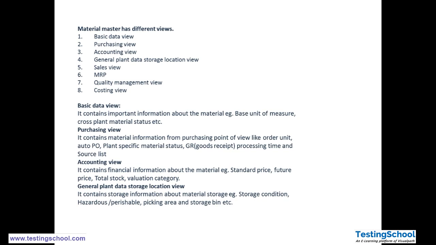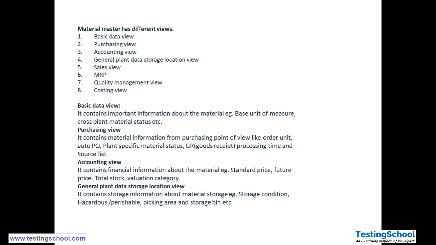So let's see these views in detail. Basic data view contains important information about the material, for example base unit of measure, cross plant material status, etc. Purchasing view contains material information from the purchasing point of view, like order number, order unit, auto PO, plant specific material status, GR processing time, and source list.